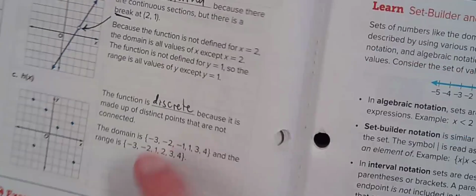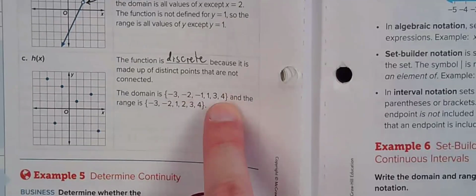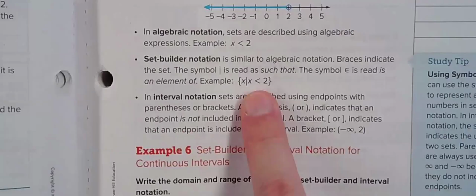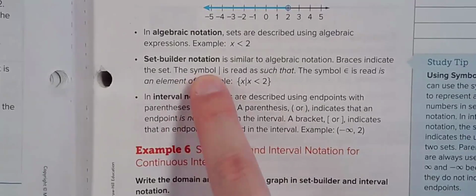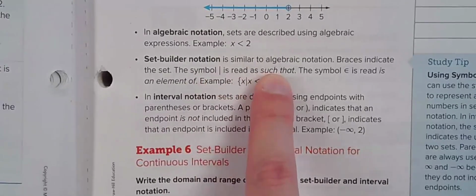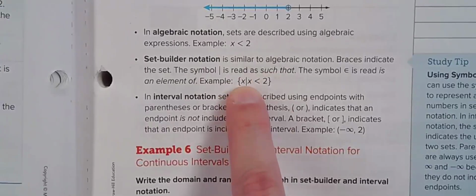Even back in Algebra 1, you've used braces before. Braces just indicate that you have a set of values. The symbol, that vertical line, is read as "such that." So we're going to say all values of x such that x is less than 2.